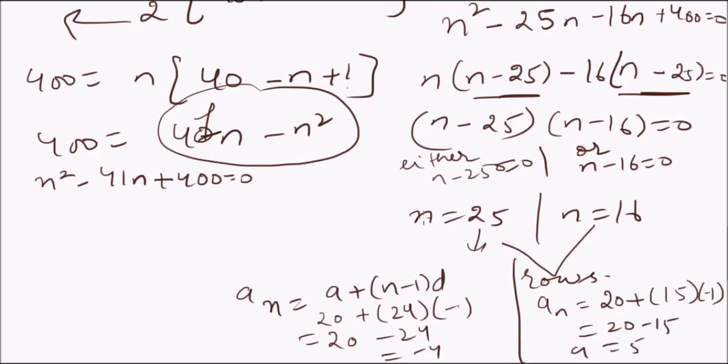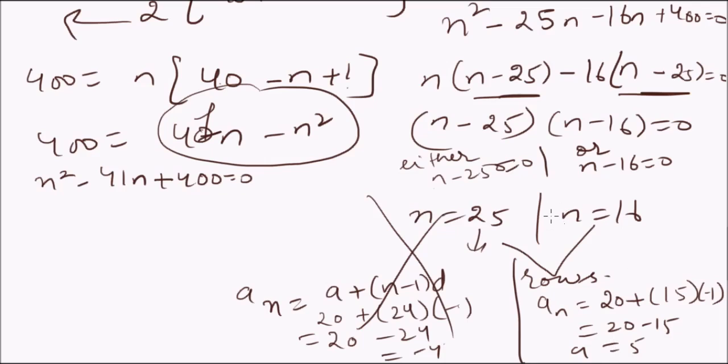Now this argument with n equals 25 says we have minus 4 logs at the topmost place. Friends, there can never be minus 4 or minus 3 articles at a particular point. So this is a contradictory statement. You can never have minus 4 pencils or minus 4 pens. But here it says we have 5 logs at the topmost row.